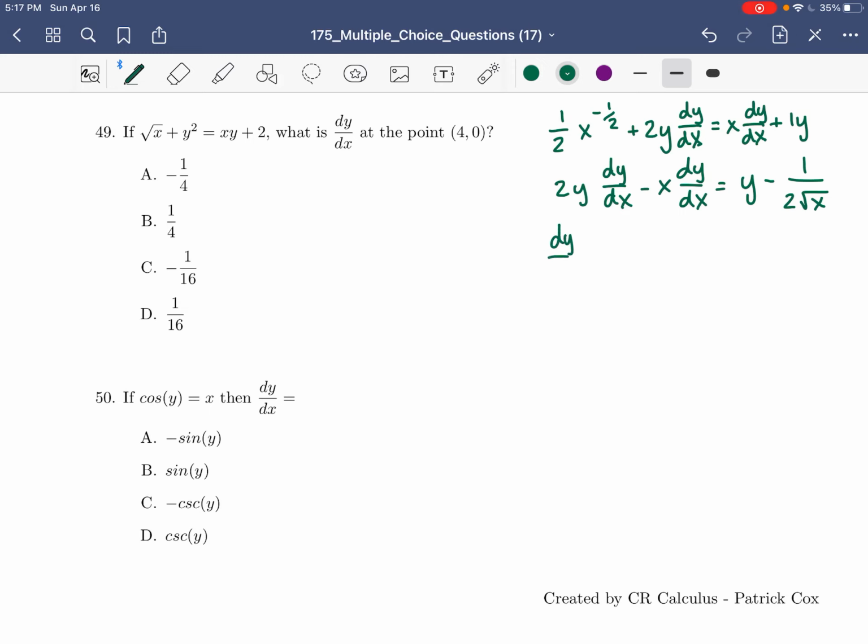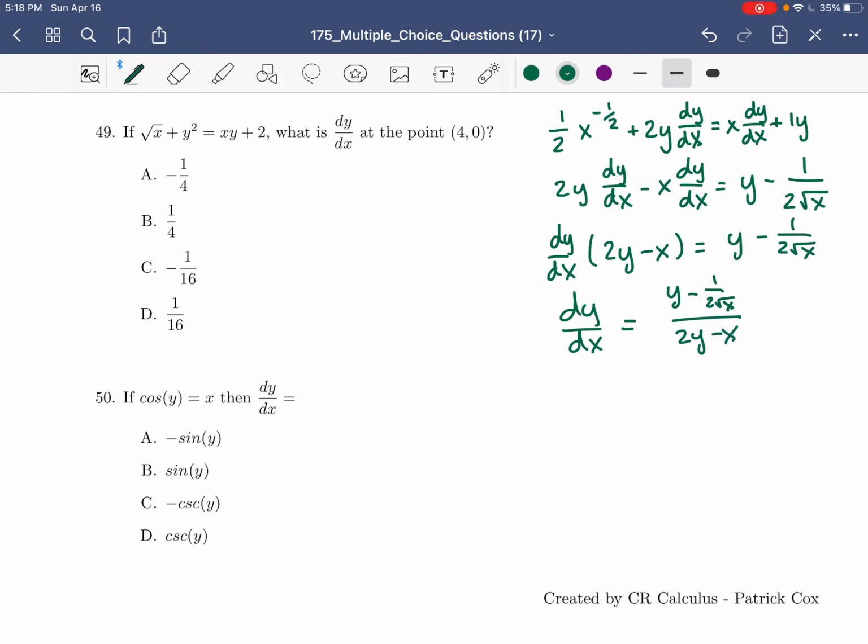Then I'm going to factor out dy dx. And then divide. So I know dy dx is going to equal y minus 1/2 root x over 2y minus x. But that's not what they wanted.